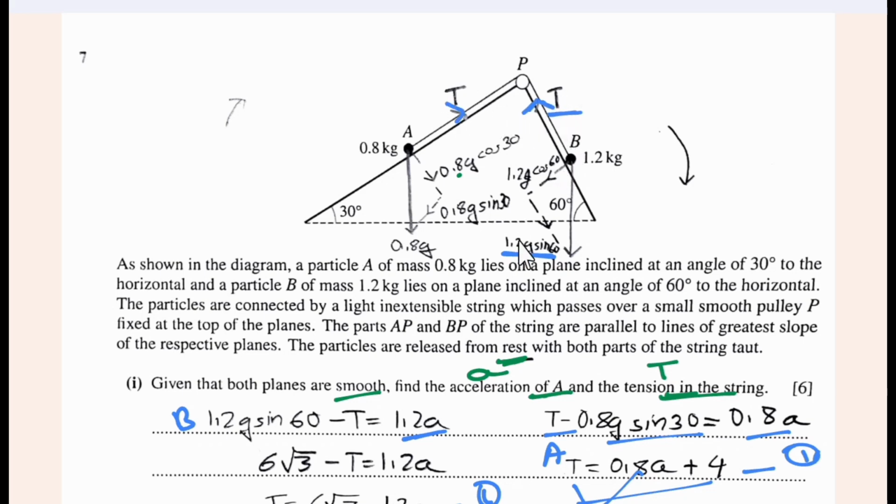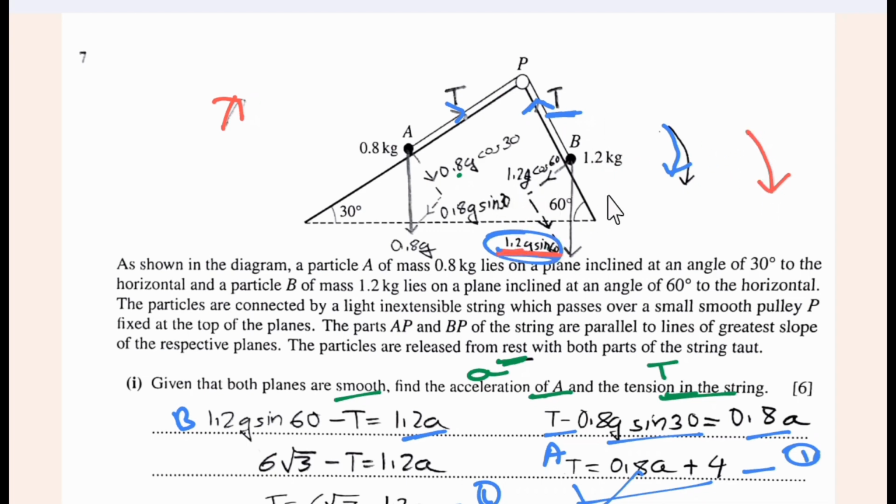So for the downward force we have the value of T. Though the system is in limiting equilibrium, it tends to move downward since the weight of B is greater, so B moves down and A moves up. Though the system is at rest, if it moves, it tends to move in this way.